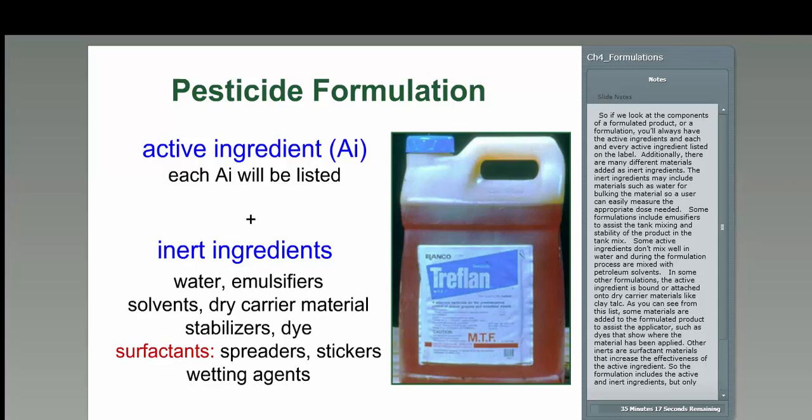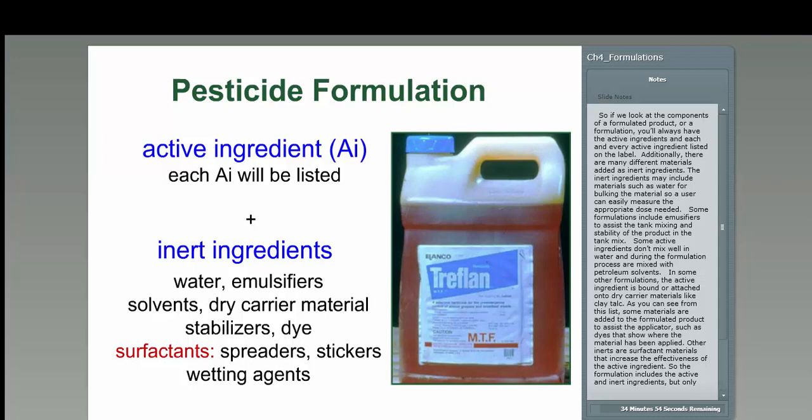Some formulations include emulsifiers to assist the tank mixing and stability of the product in the tank mix. Some active ingredients don't mix well in water, and during the formulation process are mixed with petroleum solvents. In some other formulations, the active ingredient is bound or attached onto dry carrier materials like clay talc.